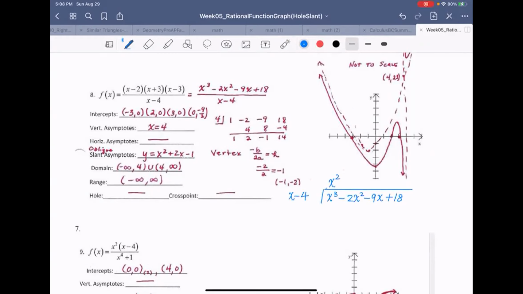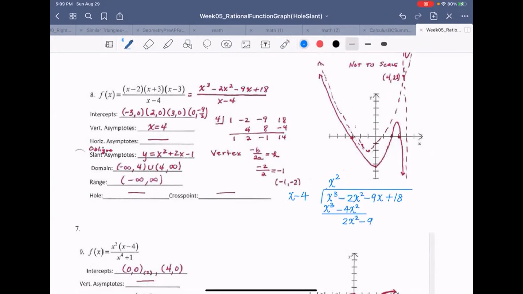You put x squared. This guy minus this guy, which is plus, so this is 2x squared.